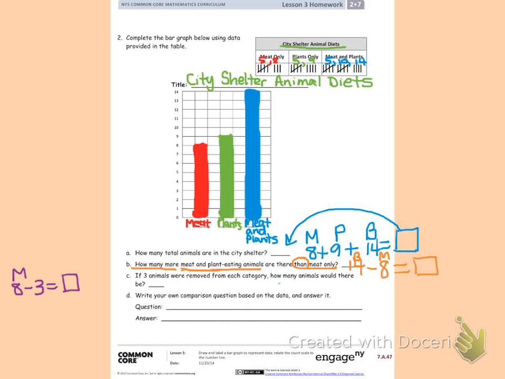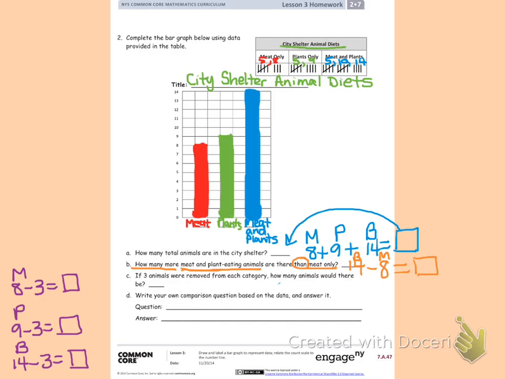Then we'll take the plants category, that's 9, and remove 3. And then finally, we'll do the one that has both. They eat both meat and plants. That's 14. And we'll remove 3 from that to get that answer.